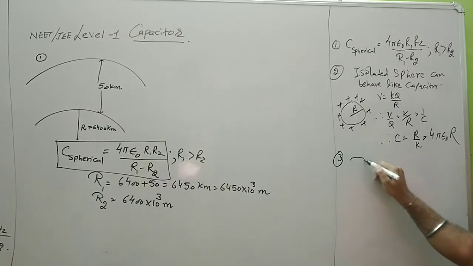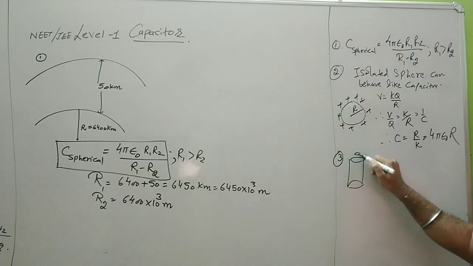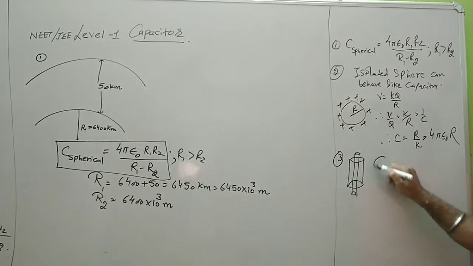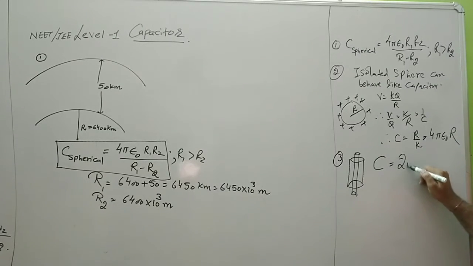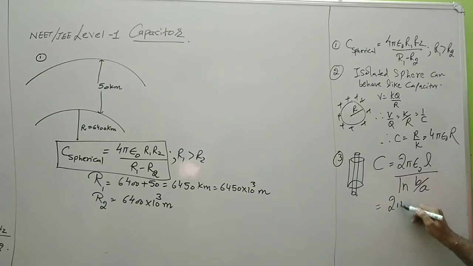And then we also did a theory related to the cylindrical capacitor. The formula for the cylindrical capacitor was 2 pi epsilon naught times the length, divided by ln b by a. This is a log having base e, so it should be converted into the log having base 10, so it should be multiplied by 2.303, that you know.